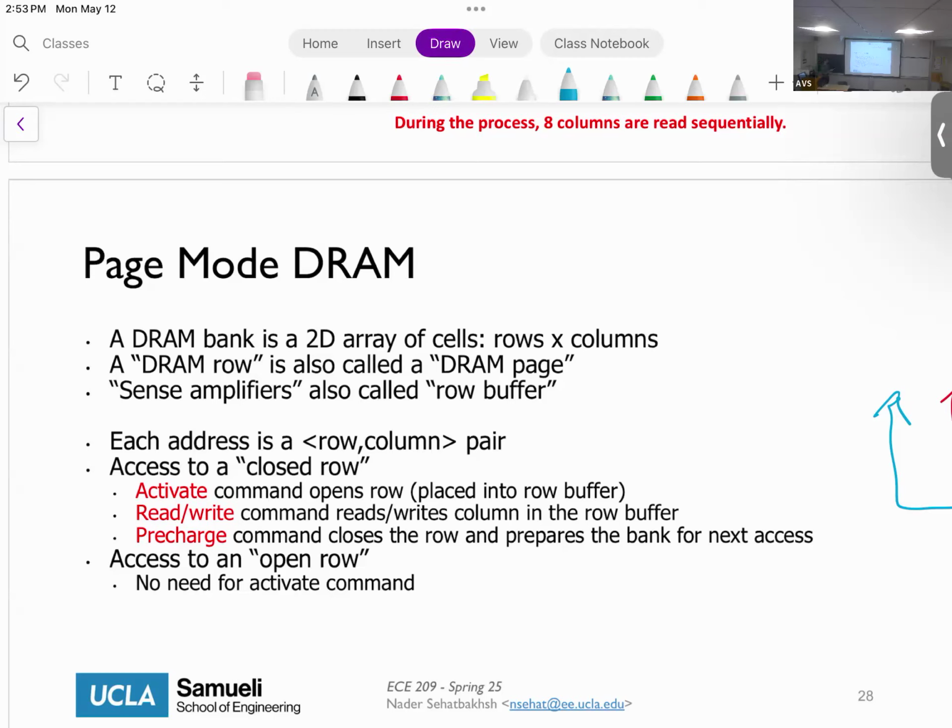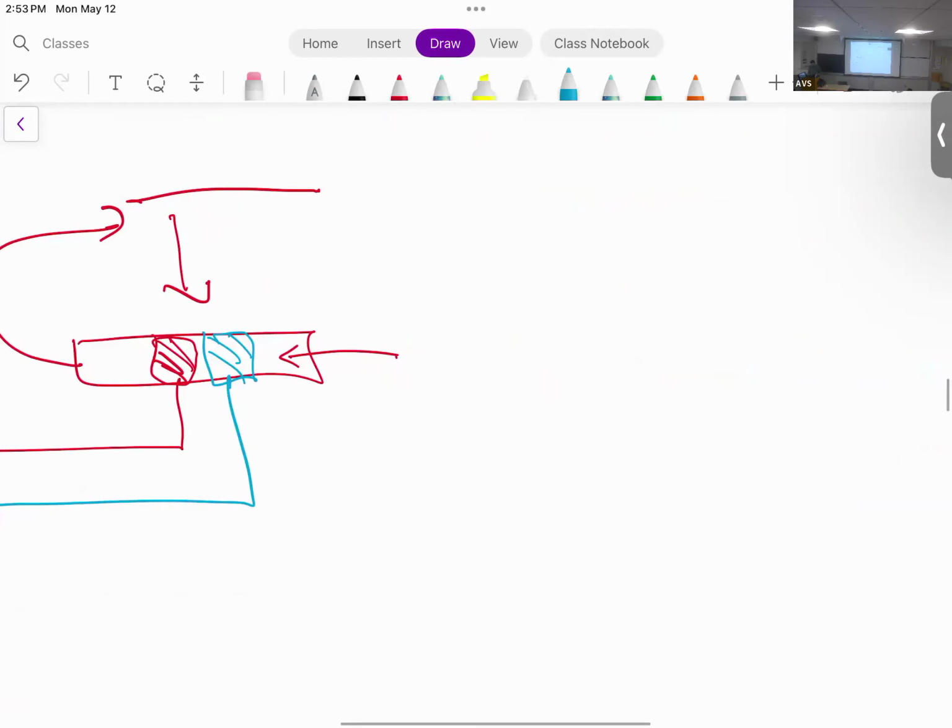So what is the trade-off between these two? The trade-off is this: if I have a row already open, and my next access is within the same row, I'm going to save a lot, because I don't need to activate the row anymore.